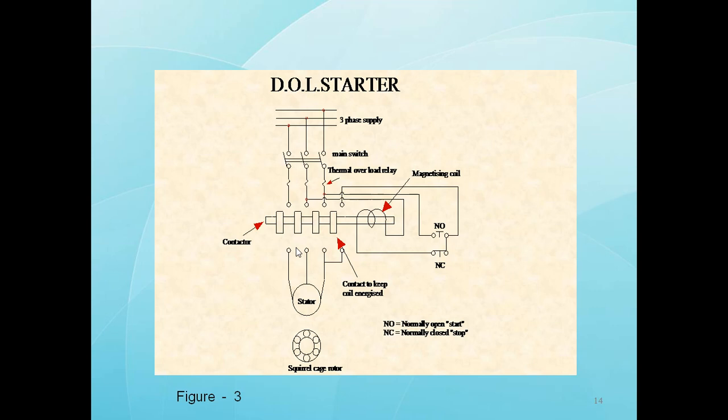The motor continues to get supply even when the on button is open, since the contactor coil will then get supply through the contactor terminal, therefore it is called the hold on coil.